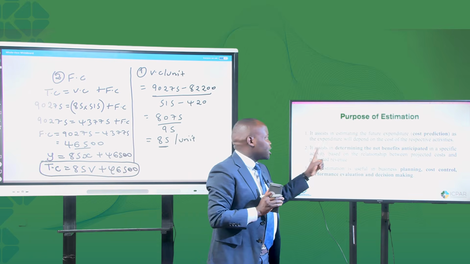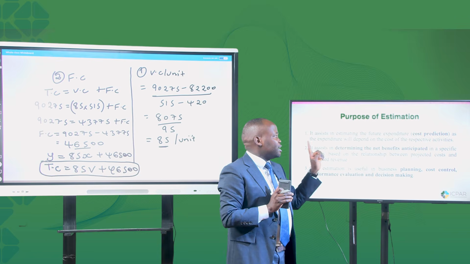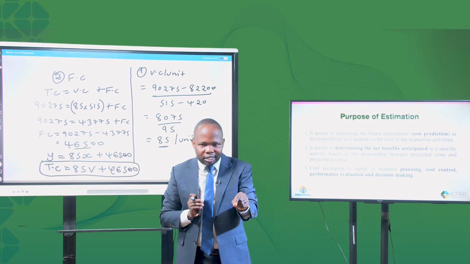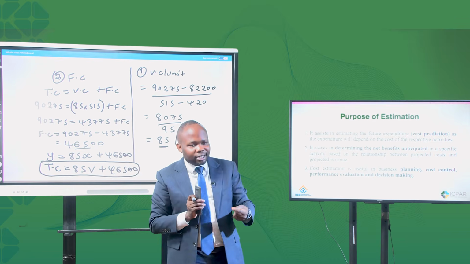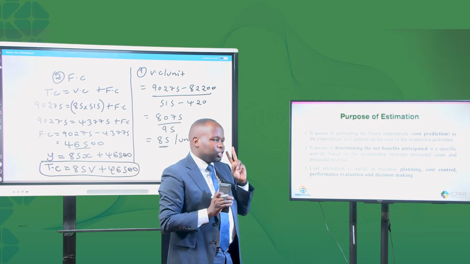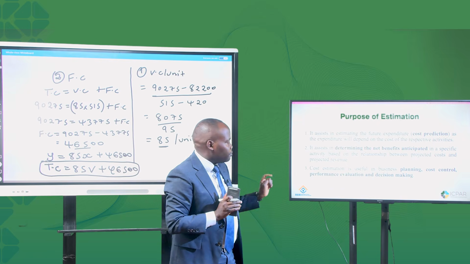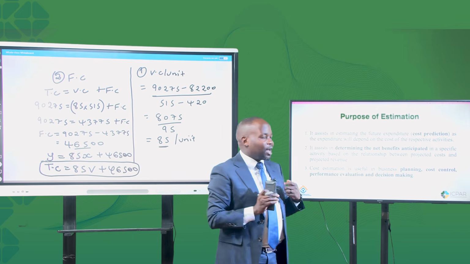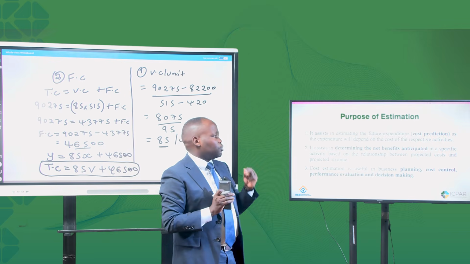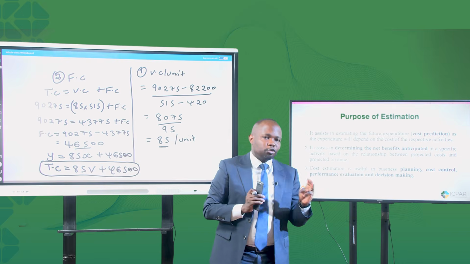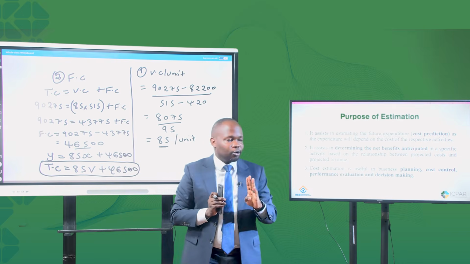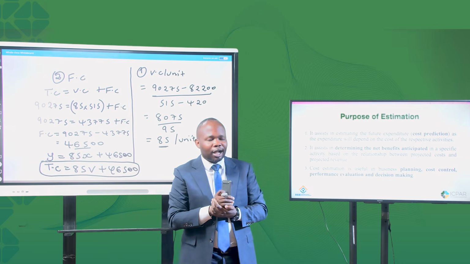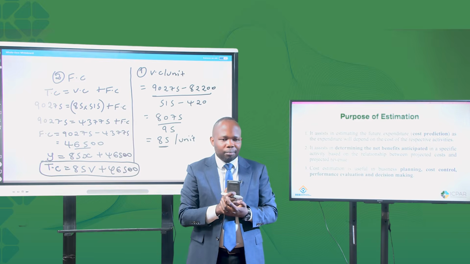Number 2, it helps to determine the net benefit anticipated. It will enable you to calculate the profit the business will generate. And number 3, it helps you to estimate the total cost to help in planning, to help in control, to help in performance evaluation, and finally, to help in decision making.